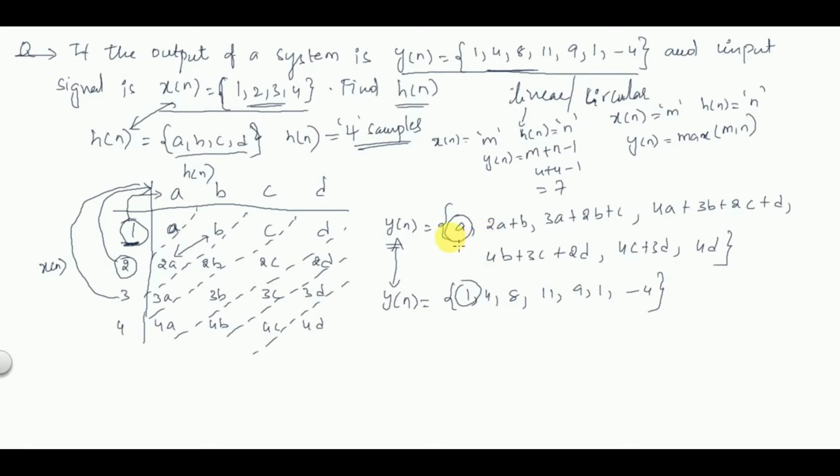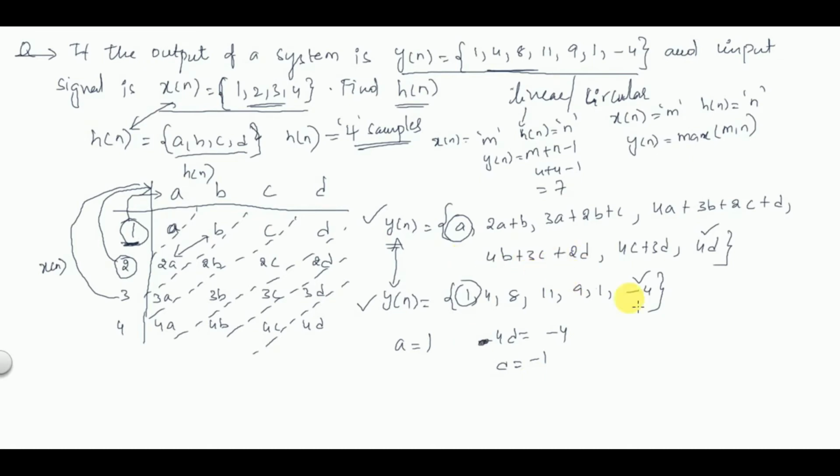That is, the first element in this is equated with the first element in this. Similarly, the last element in this is equated with the last element in this. When you equate the first two, a becomes 1. When you equate the last element, minus 4d is equal to minus 4. So d is equal to minus 1.